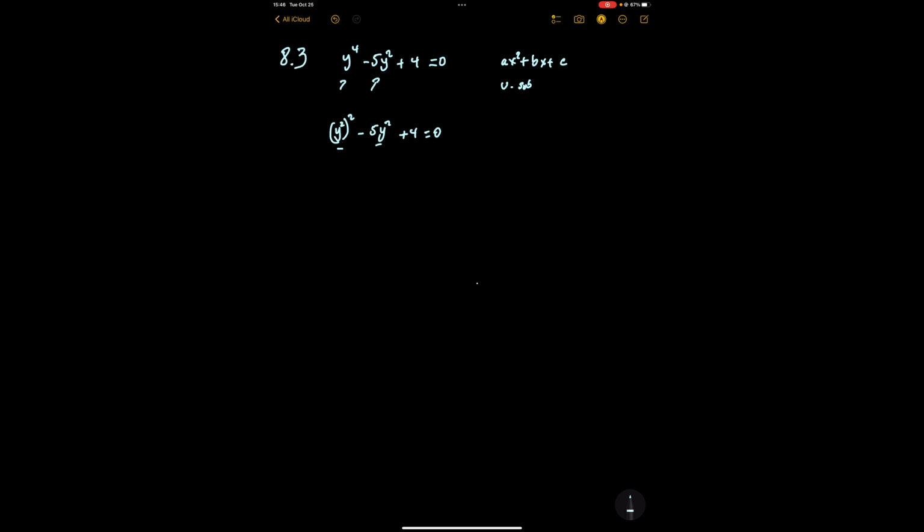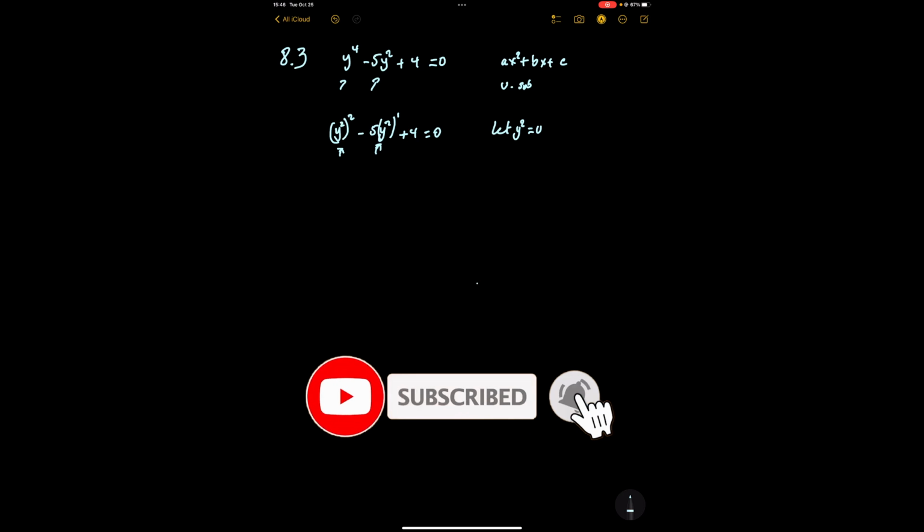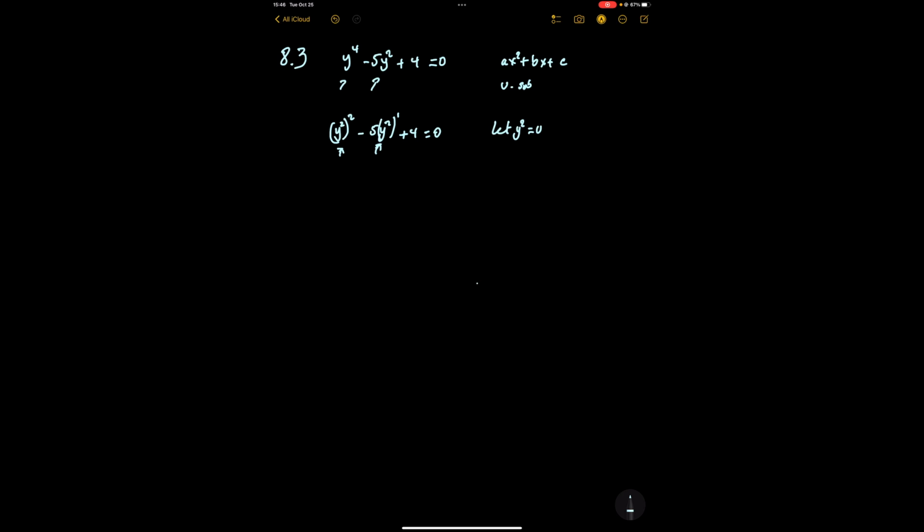In this case, I'm going to use y squared. I'm going to say let y squared equal u. So I have y squared right here and y squared right here. If y squared equals u, then this is actually y squared to the power of 1, so I'm going to replace y squared by u basically.